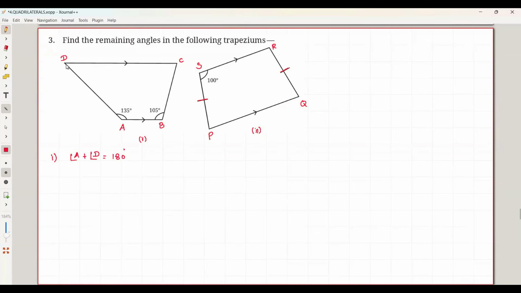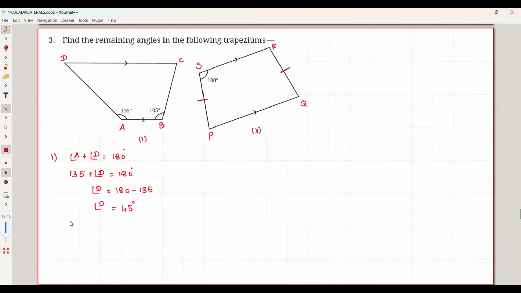Angle A is given 135, so 135 plus angle D is equal to 180-degree. So angle D is equal to 180 minus 135, which is 45-degree. Angle D is equal to 45-degree.